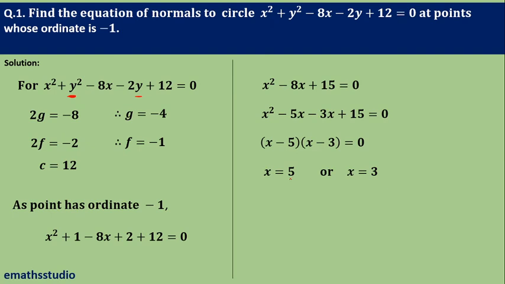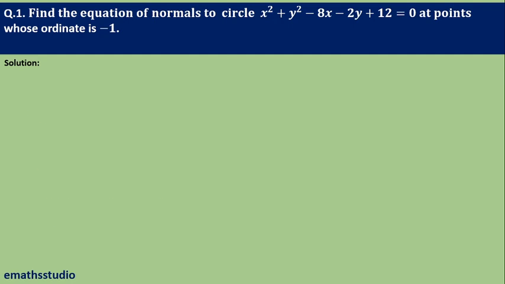So these are the x coordinates of the points whose ordinate is -1. That means I can write these points as A (5, -1) and B (3, -1). Now what's the question? The question is to find the equation of normals to the circle at points whose ordinate is -1.